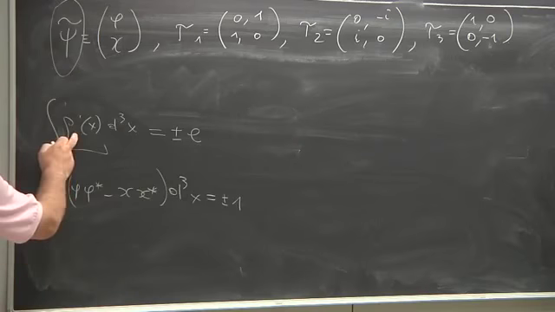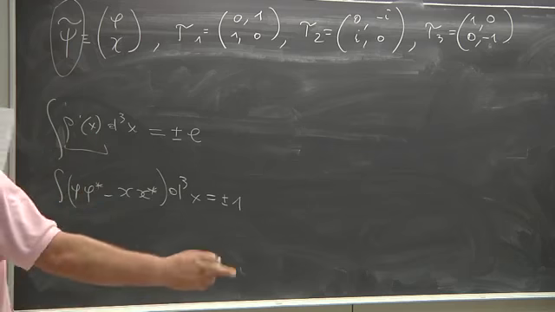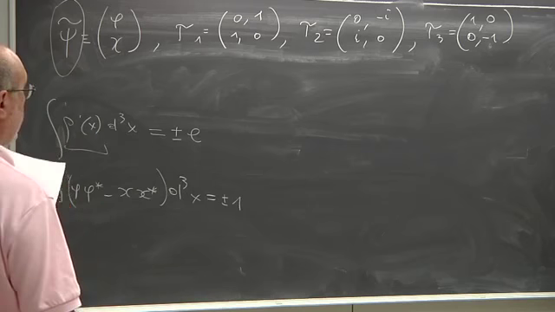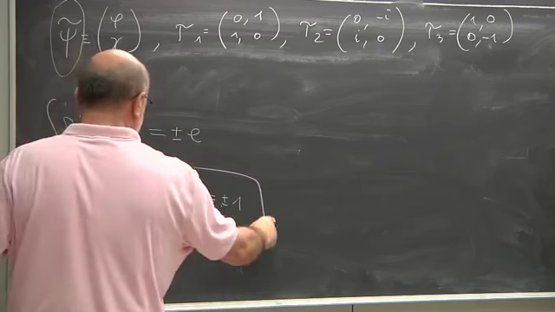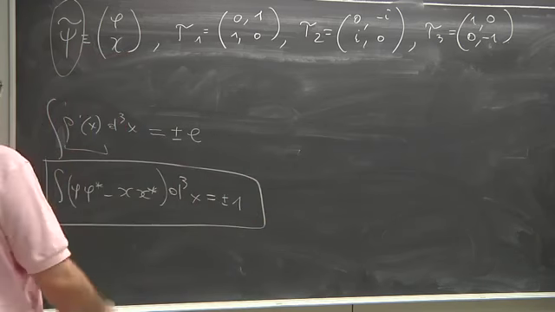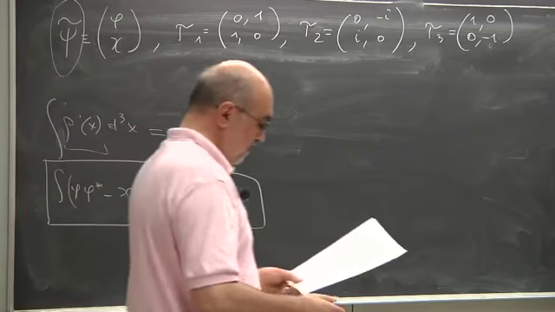Okay, there is an E. Rewriting the rho in terms of phi that I did before, there was an E that cancelled with this E. So this is the normalization that these objects satisfy.